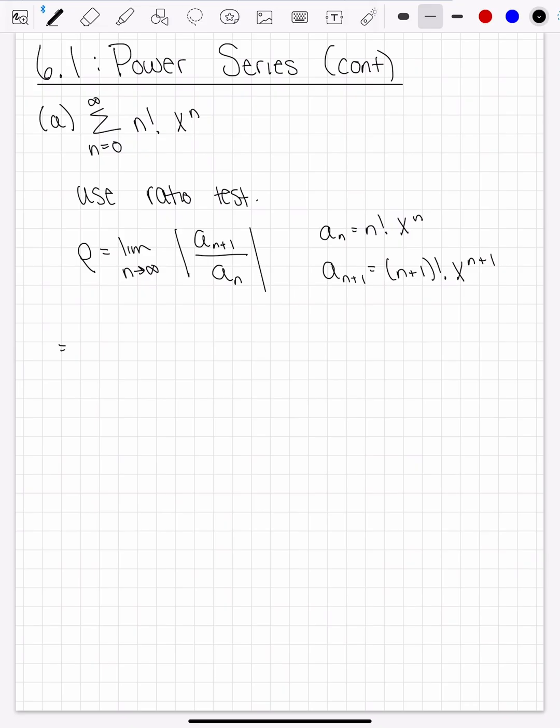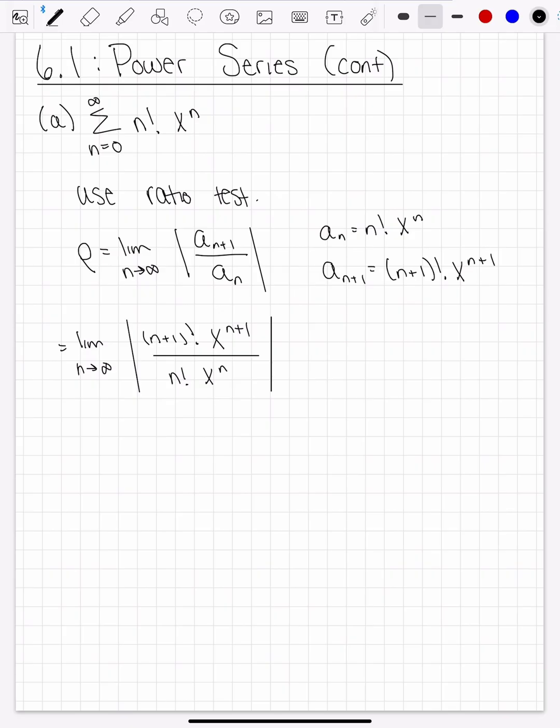So we plug all of that in. a_(n+1) is (n+1) factorial times x to the n+1, and a_n is n factorial times x to the n.